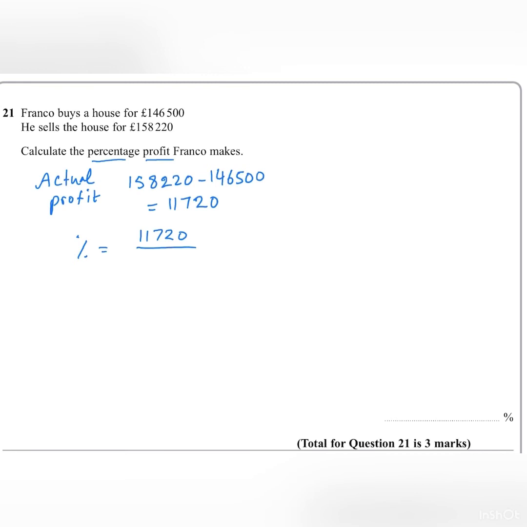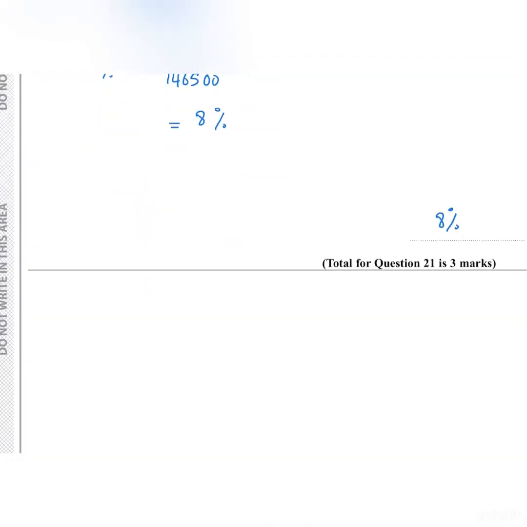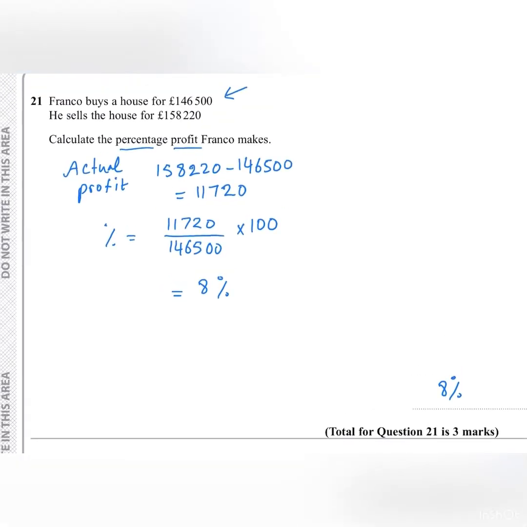Now originally he bought the house for 146,500, and if you divide these numbers on the calculator and times the answer by 100, okay, so that is 8% profit. Okay, so 8%. Okay, so that's question 21.